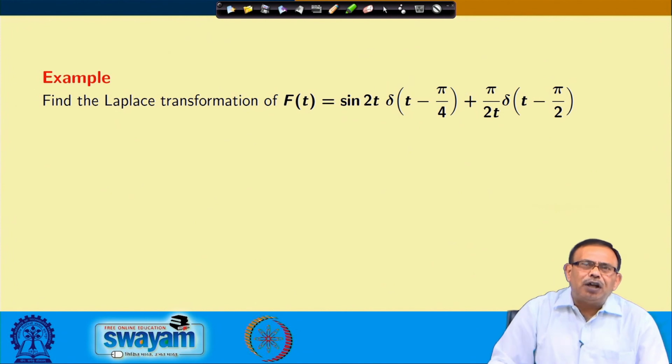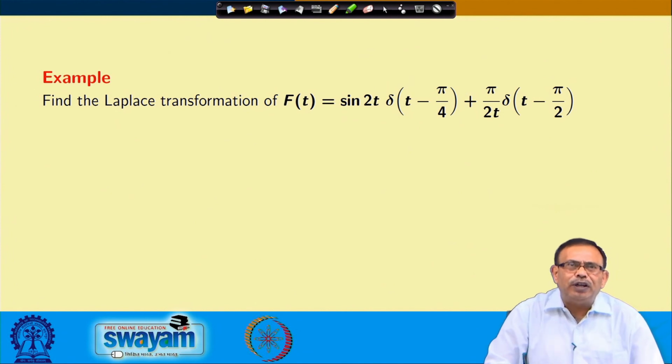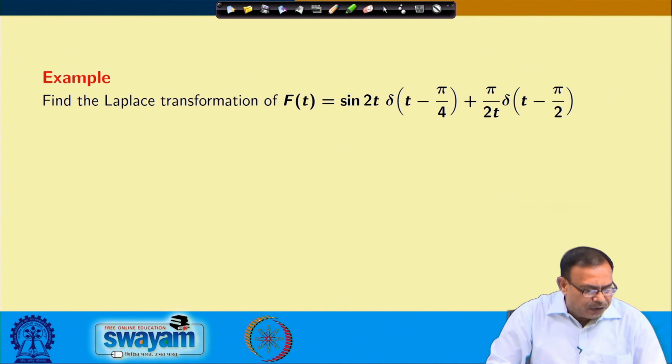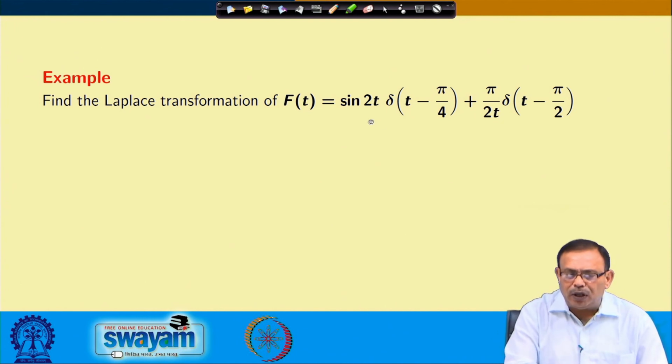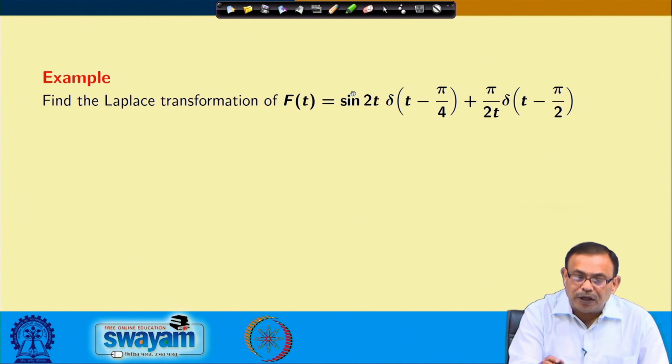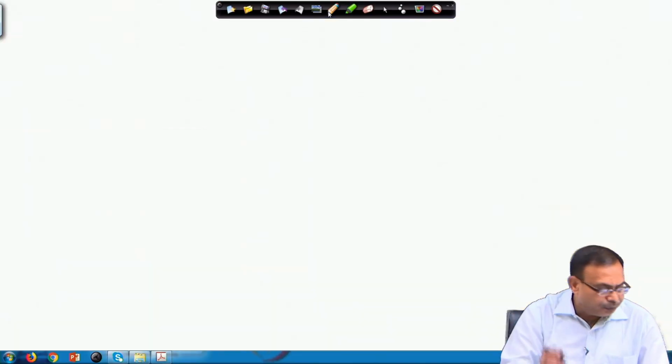Now, let us see the application. We want to find the Laplace transform of this function, say f(t) equals sin 2t into the Dirac delta function of (t minus pi by 4) plus pi by 2 t into the Dirac delta function of (t minus pi by 2).